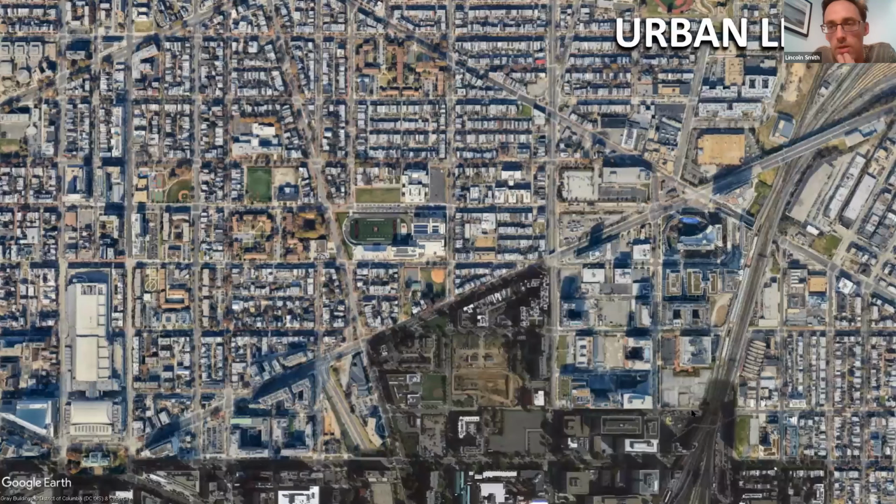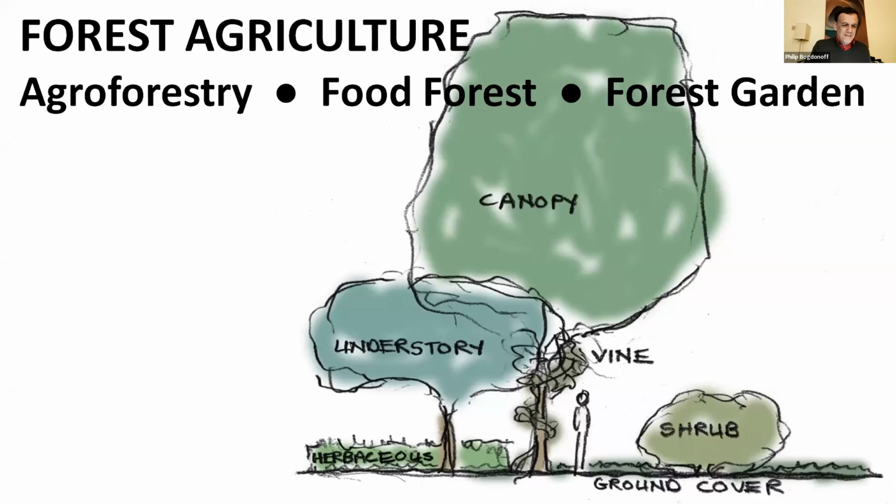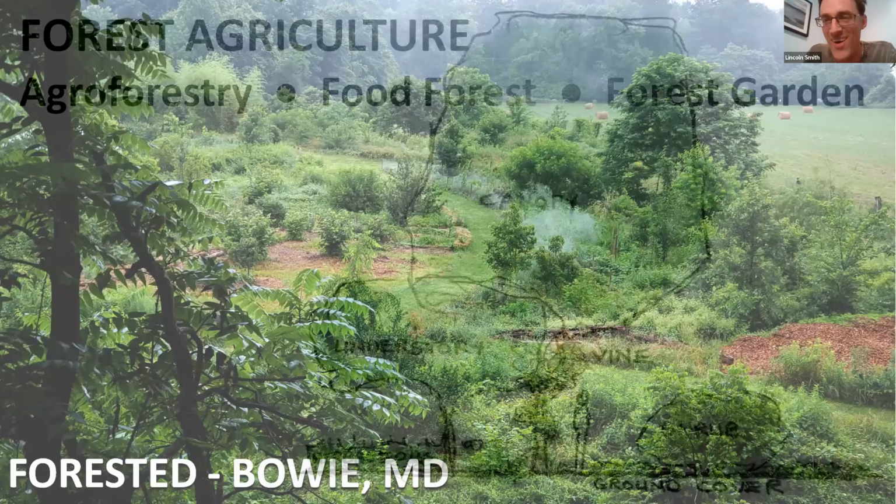Let me try that again. Okay, do you see an urban looking slide right now? Yes. And let's see if it will advance. Do you see a sketch? Yes. Of some trees? Okay, cool. Thank you for your patience.